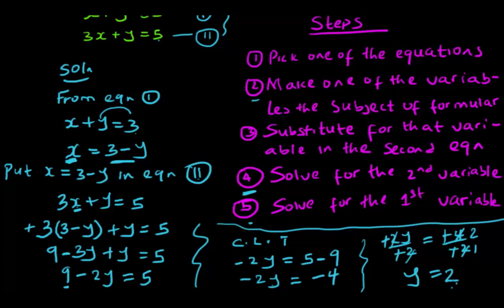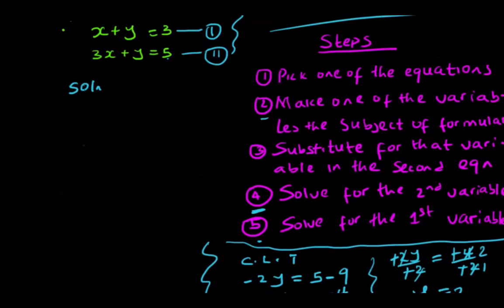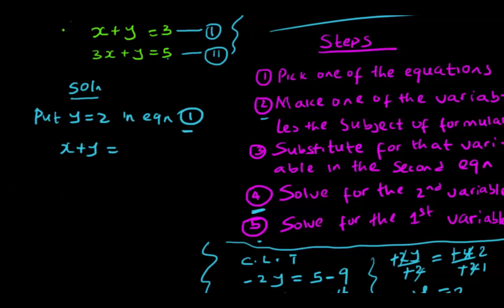To do that, I put y = 2 in any of the equations, whether equation 1 or equation 2. Now let's do that. So I say put y = 2 in equation 1. You can put it in any. Remember, I would always write the equation first. x + y = 3.